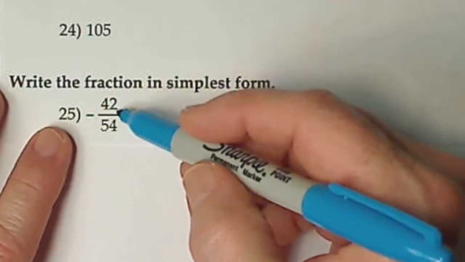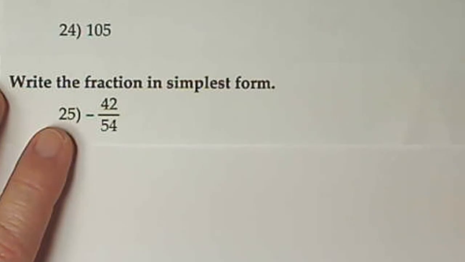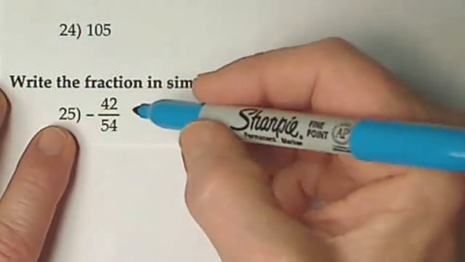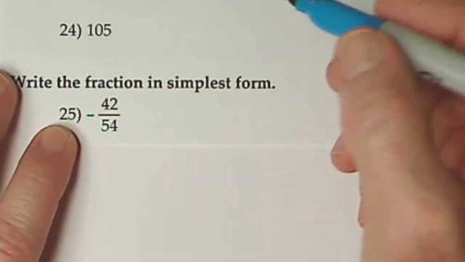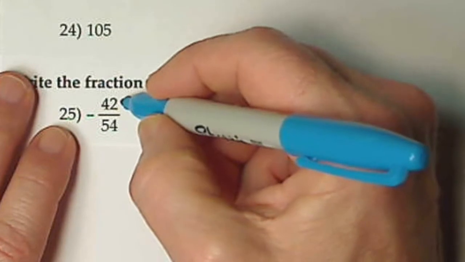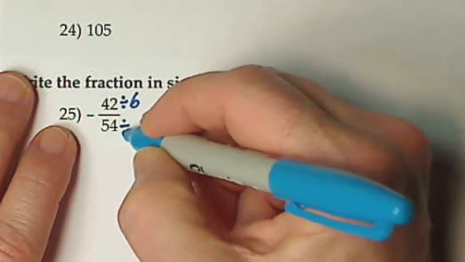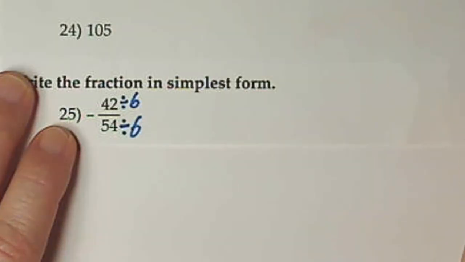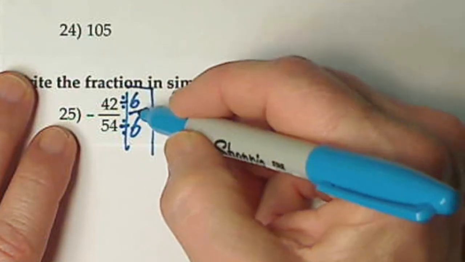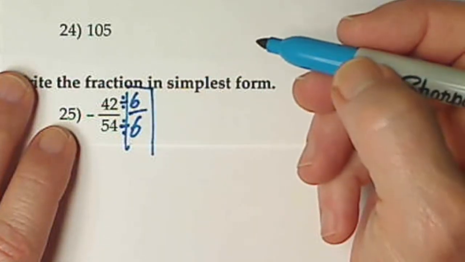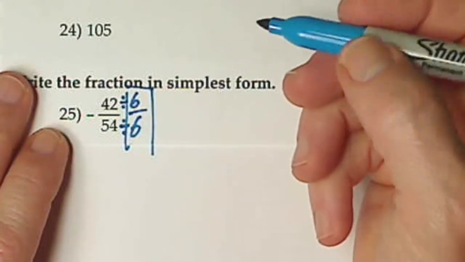Certainly a 2 would go into the numerator and 2 would go into the denominator, but if you can think of a larger number that works, it speeds things up. Okay? It occurs to me that 6 will go into 42, 6 will go into 54. So usually I don't write this, but what I'm doing is I'm dividing by 6 and dividing by 6, because 6 over 6 is equivalent to a 1. It's a funny looking 1, but it's a 1. And if you divide by 1, you don't change the value, you just change the appearance.